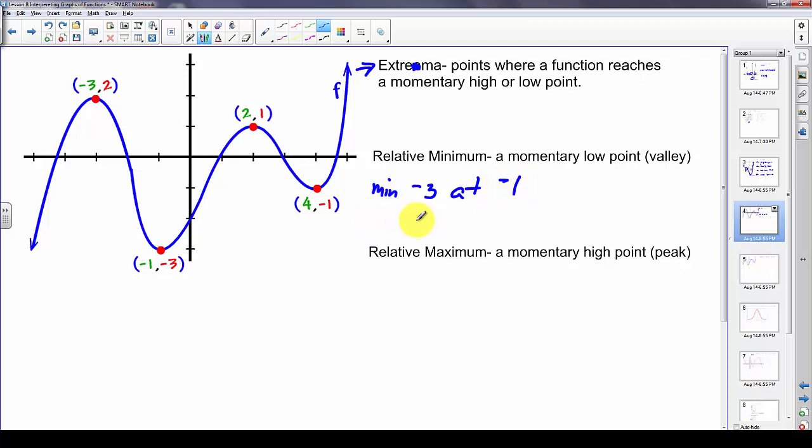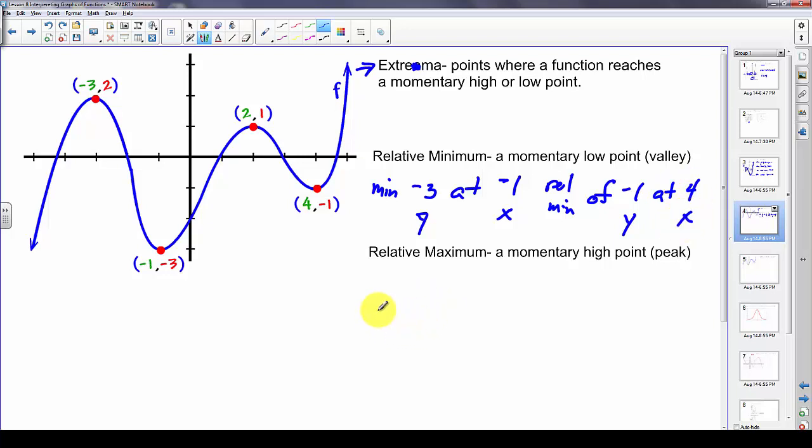Notice, this is a y value when we talk about the minimum value, and an x value when we talk about where it happens. We also say there's a relative minimum of -1, once again a y value, at 4, and that's our x value.